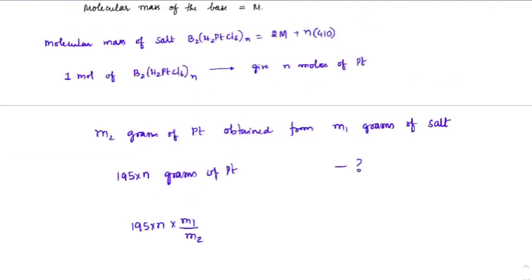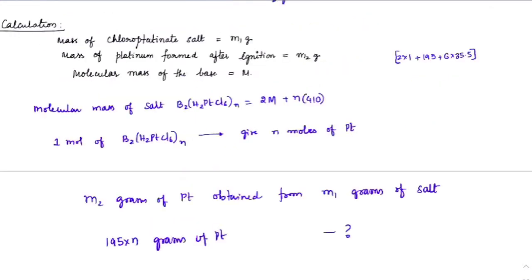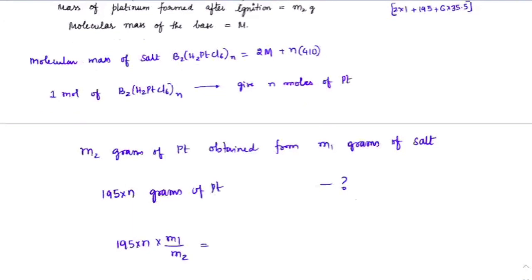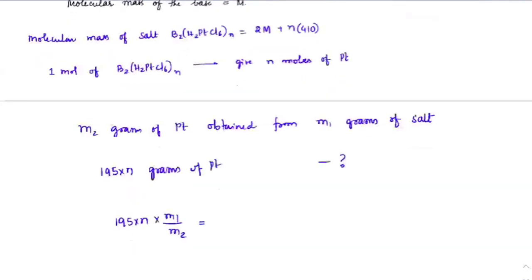But we have just checked it out. To get this much mass of platinum, how much mass of salt is being used? This much mass, because this much mass is nothing but n moles of platinum, correct, which is coming from 1 mole of this one. So 1 mole will have how much weight? Molar mass. So that should be equal to 2 times of M plus 410 times of n.